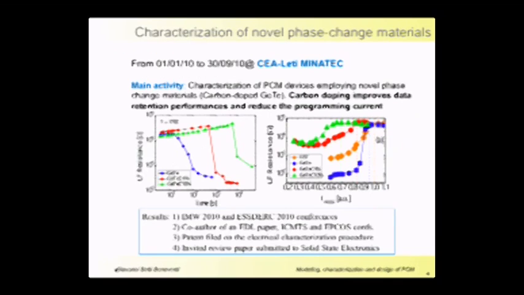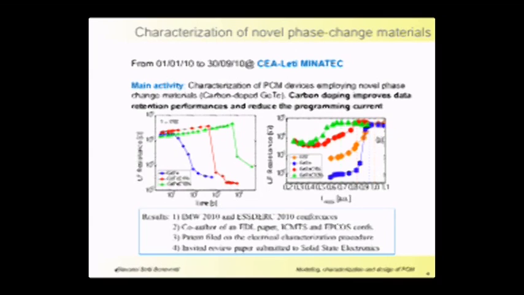Speaking about my activities in 2010, from January to October I was with CEA-Leti Minatec in Grenoble, France, where my main activity was the characterization of phase change memory devices employing novel chalcogenide materials. In particular, we integrated for the first time carbon-doped germanium telluride, and we showed how this new material improves data retention performance and reduces the programming current compared to standard PCM devices using standard phase change materials.